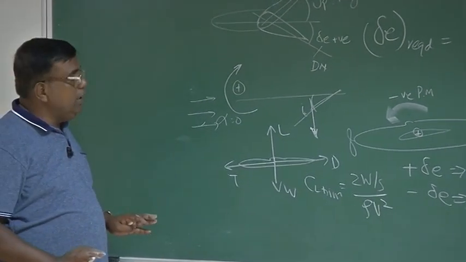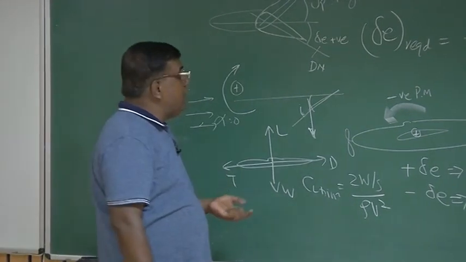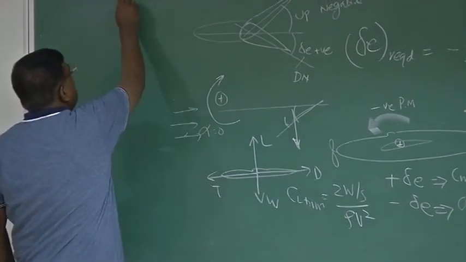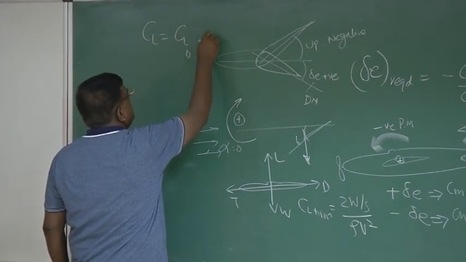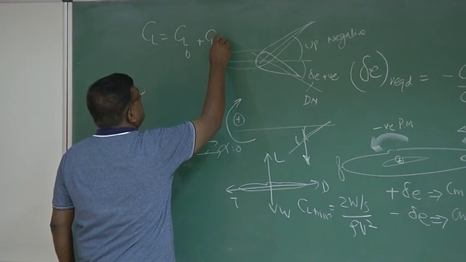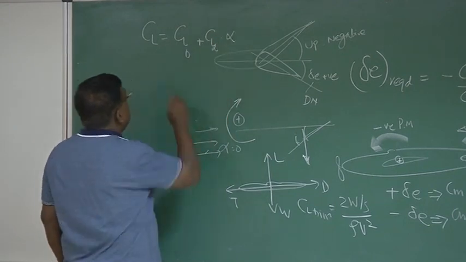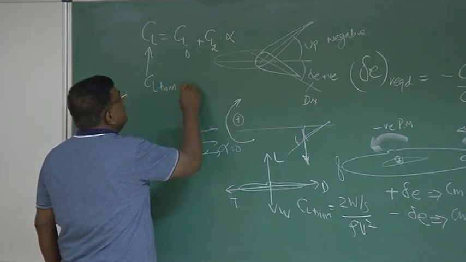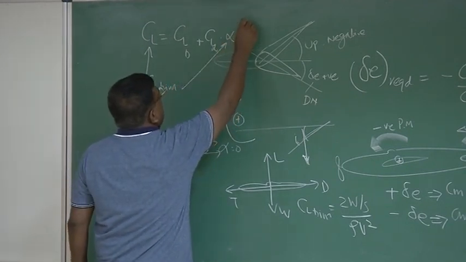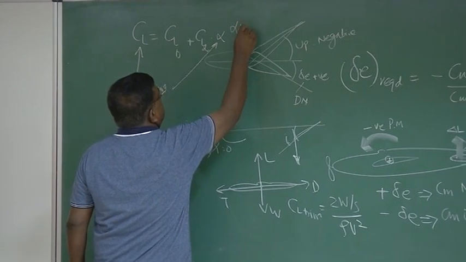Clear? This is very well understood. And the alpha corresponding to CL trim, because CL of the aircraft I can write as CL naught plus CL alpha of the aircraft into alpha, so if this is CL trim, then the corresponding alpha we refer to as alpha trim.